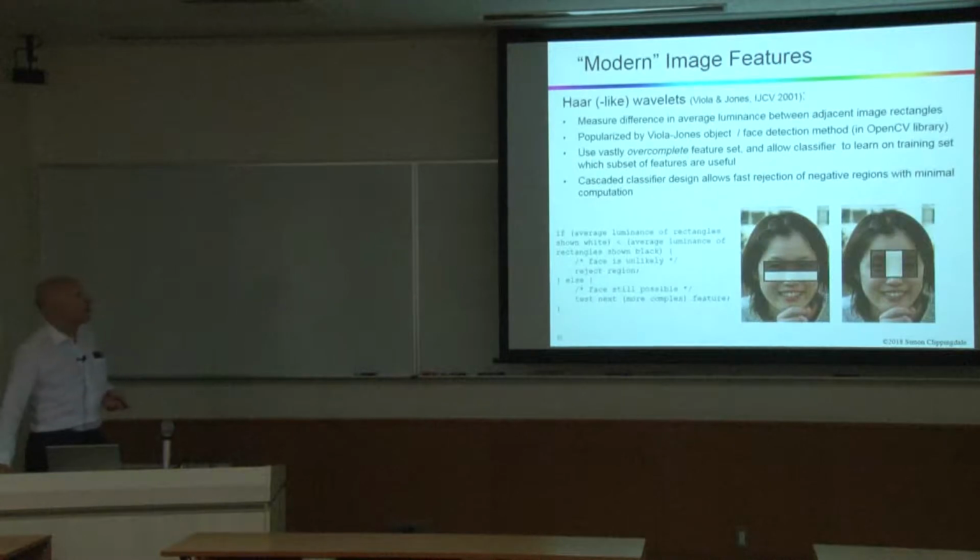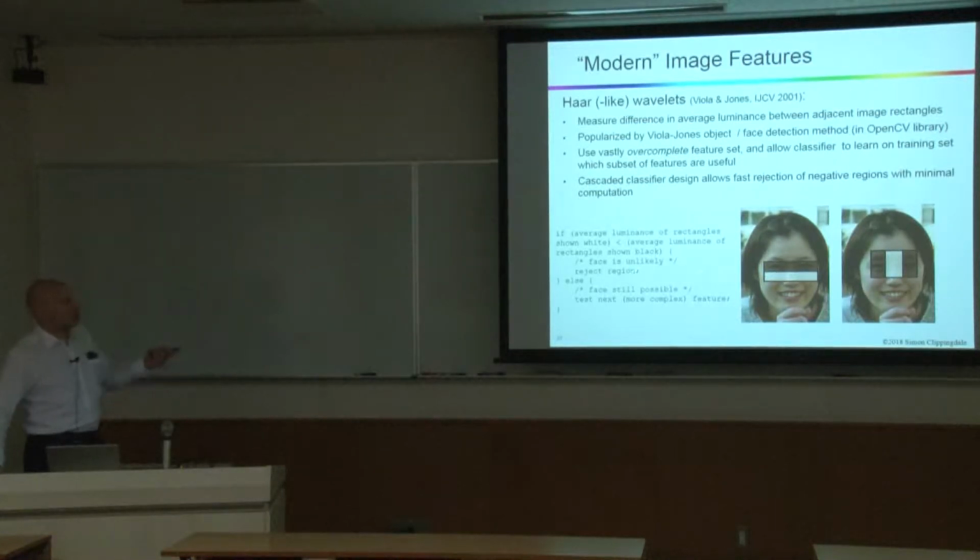Another feature very commonly used, and still very commonly used today, is these Haar-like wavelets, they're called. They're very simple features. In this case, subtract the average brightness of all the pixels in this top rectangle from the average brightness of all the pixels in the bottom rectangle, and you get a simple number.